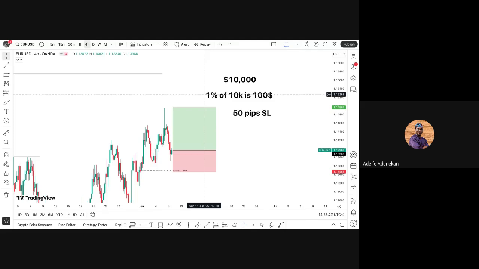Let me say that very slowly. The next question you are going to do is determine what lot size you are going to enter the trade with that would make sure that if the trade goes 50 pips against you, you will lose only $100.